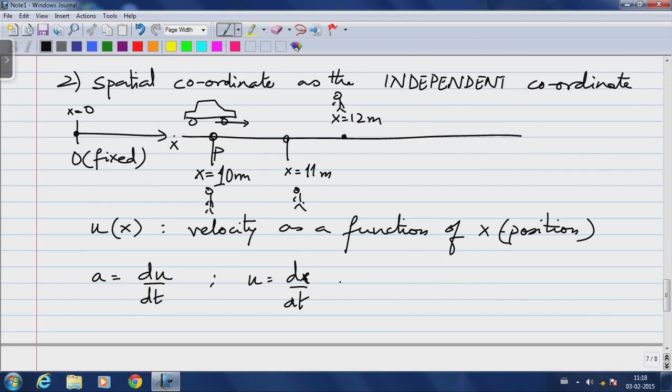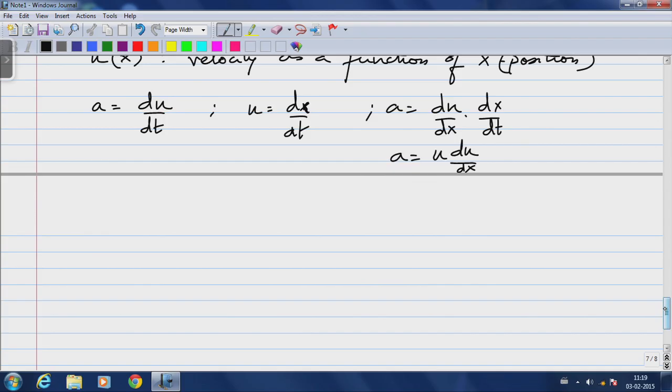These are valid only if time is my independent coordinate. So, if I have space as my independent coordinate, I can rewrite a as du/dx times dx/dt. This is simple chain rule, and from this, and using u is nothing but the rate of change of position, the acceleration is equal to u times du/dx.